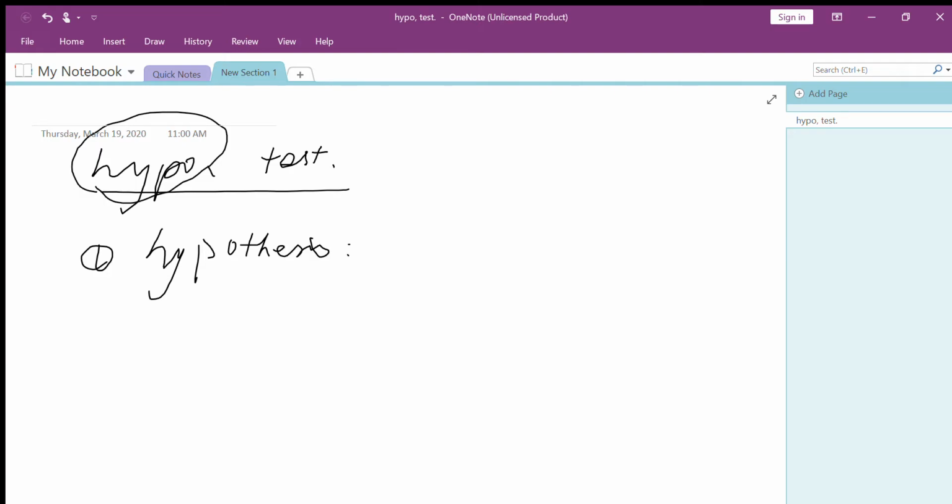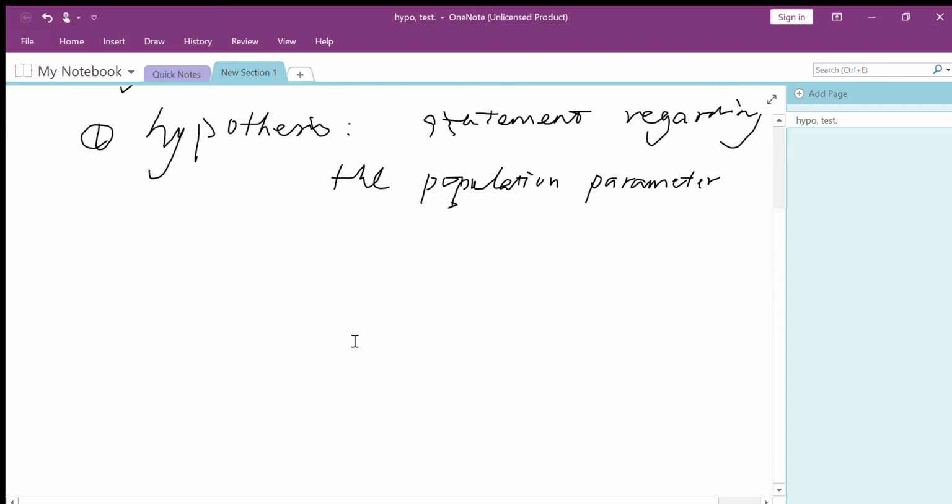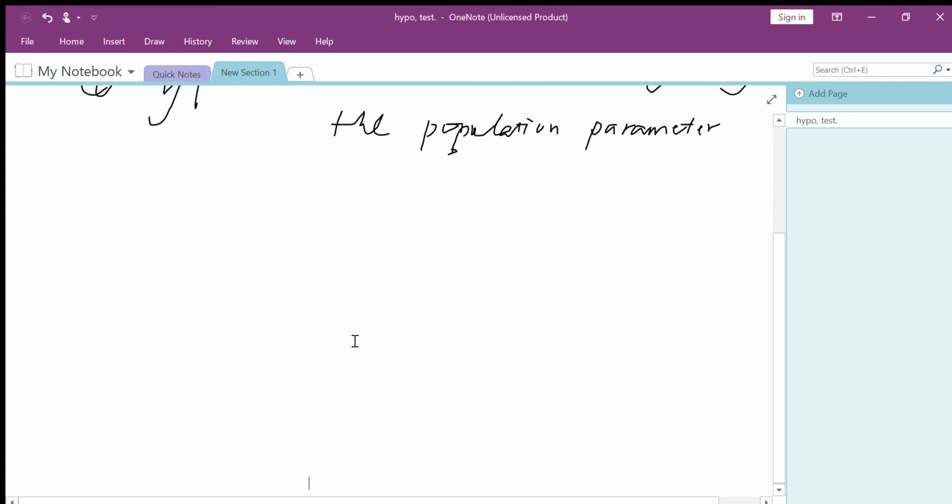So hypothesis is a statement regarding the population parameter. So in statistical theory, there are three types of hypotheses.